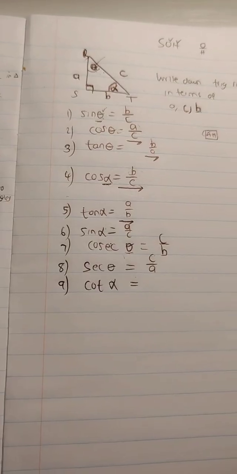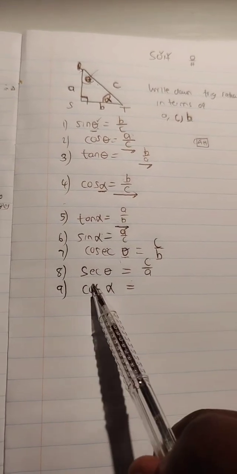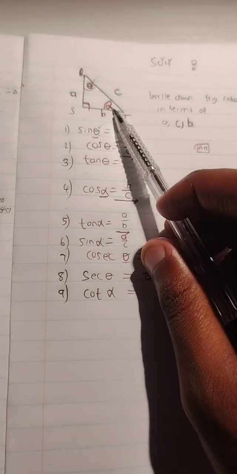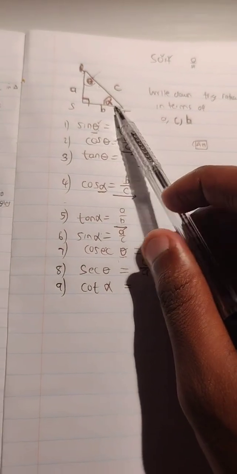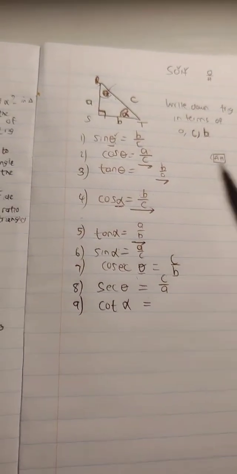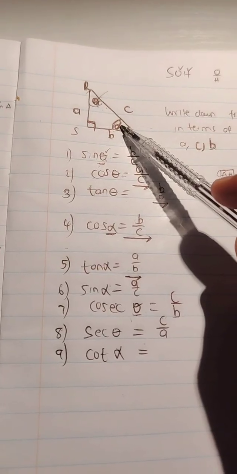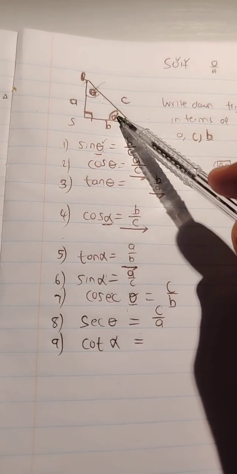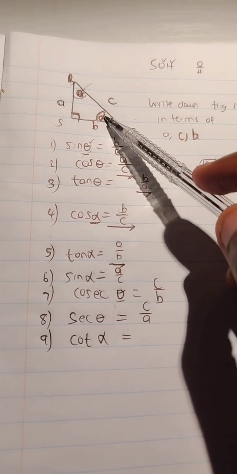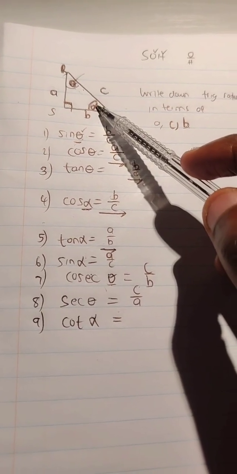Adjacent over opposite. Let's be very careful. Not opposite over adjacent, but adjacent over opposite. And we are referring to this angle, not to the other one. So we are referring to alpha. So where are we looking? Here. We're looking at adjacent over opposite.